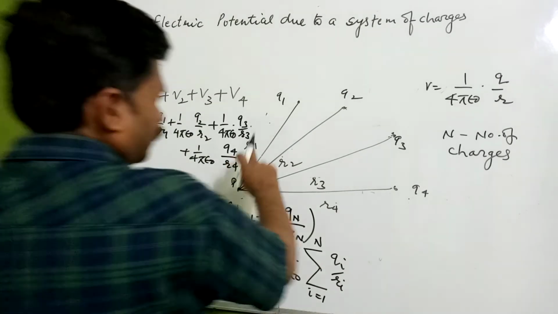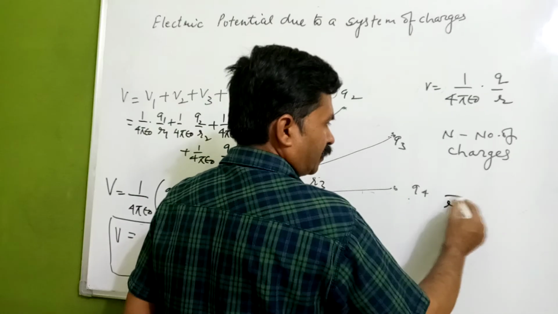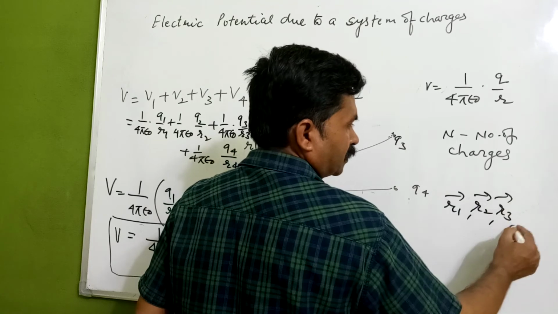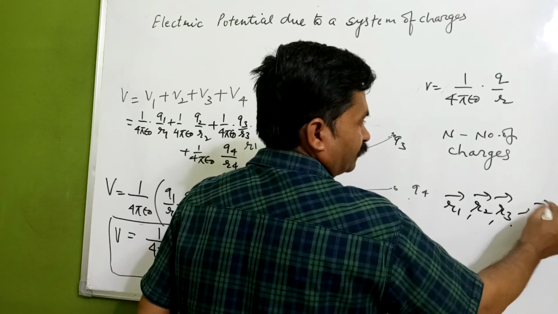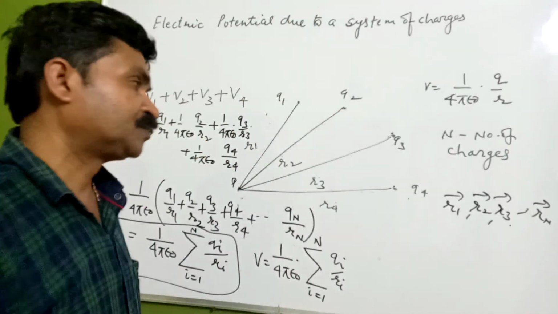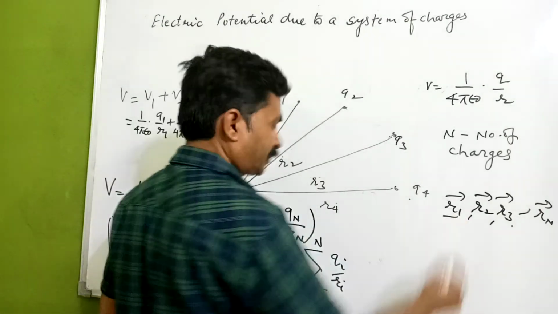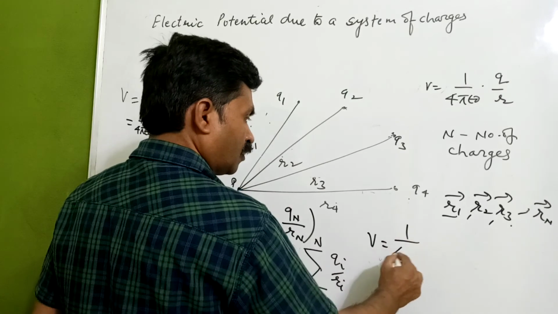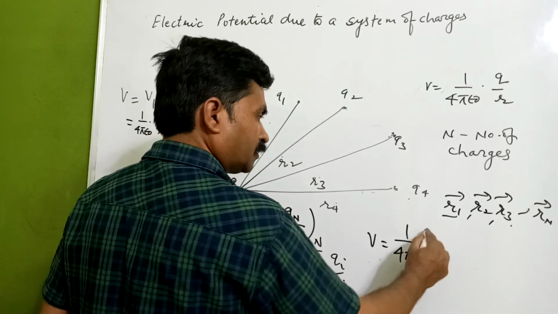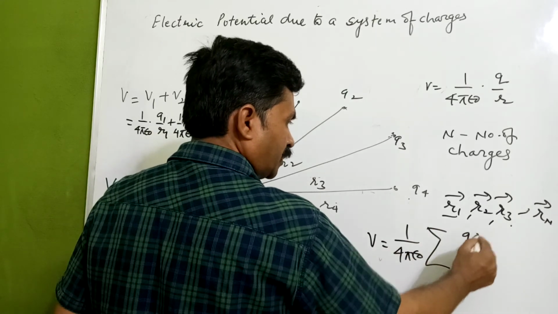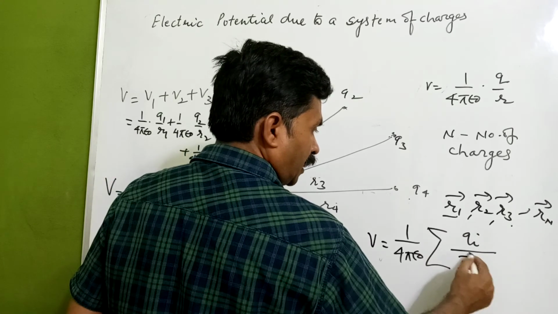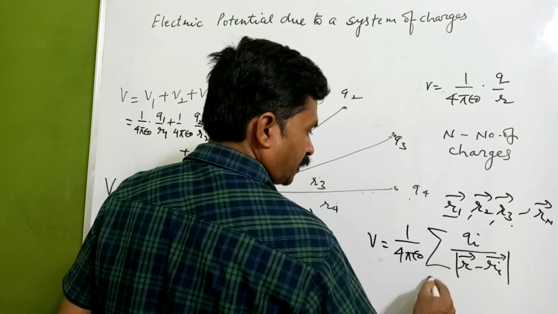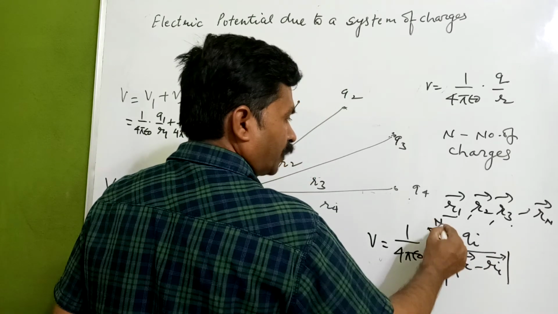Now if I assume position vectors r1, r2, up to rn for all the charges, then this relation will be termed as 1 upon 4 pi epsilon naught summation Qi upon the magnitude of vector r minus vector ri, i equals 1 up to n.